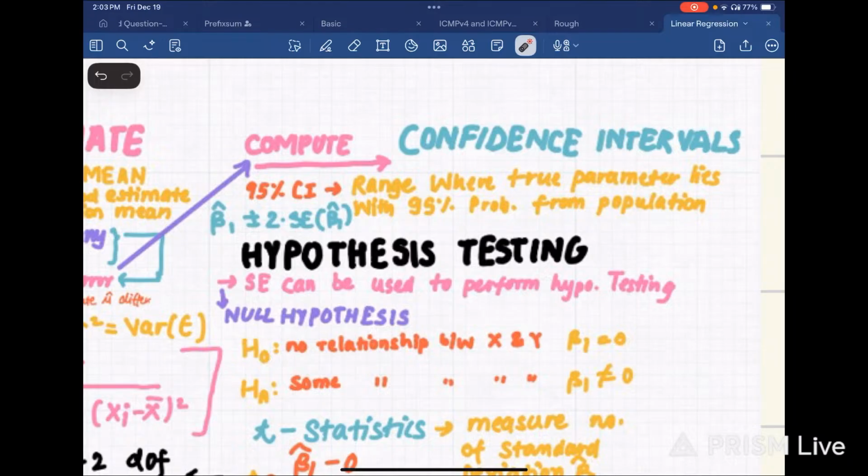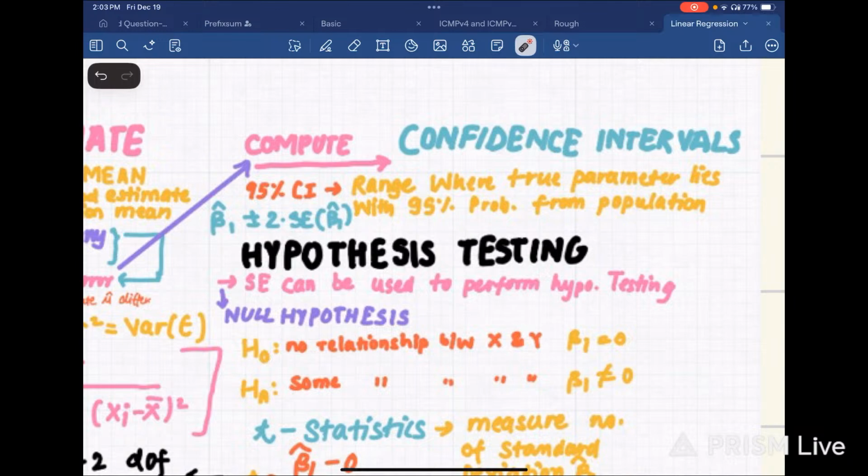So a 95% confidence interval means the true parameter lies within the range with 95% probability: beta 1 cap plus or minus twice the standard error of beta 1 cap. This gives us the standard confidence interval.